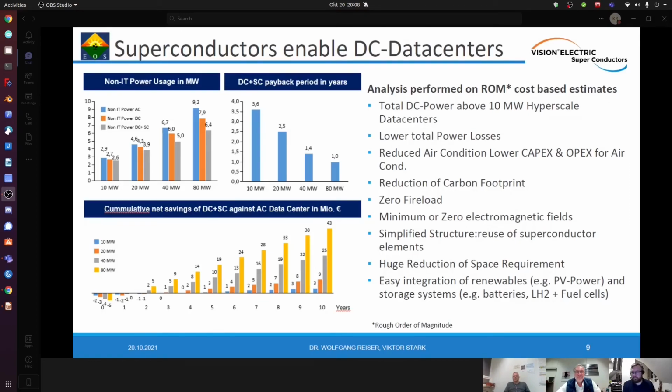And superconductors are the perfect fit for that, because you don't have cables which are difficult to recycle. You don't have that much material that is needed to build the system, and you can reuse these modules. So Icebar is a modular system.